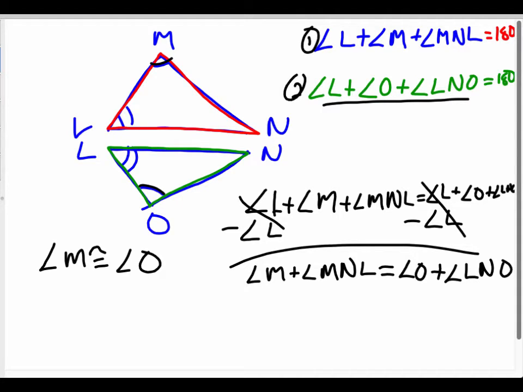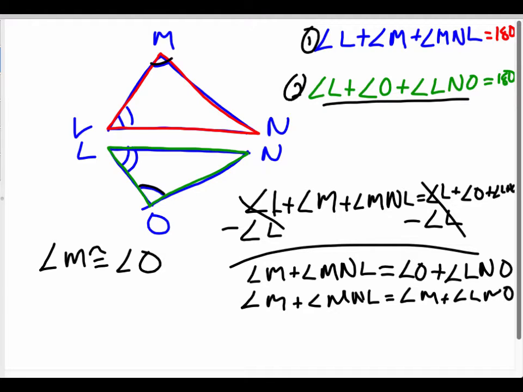What could I do? You could subtract them from each side. Yeah, we know they're the same numerical value, but maybe I'll say, yeah, so there's no confusion, I could substitute it in. So I could say angle M plus angle MNL is equal to angle M plus angle LNO.